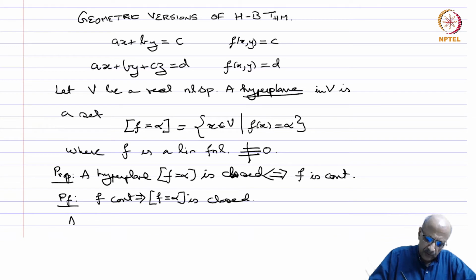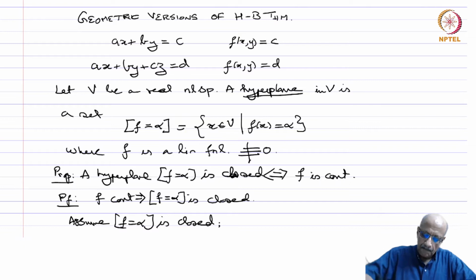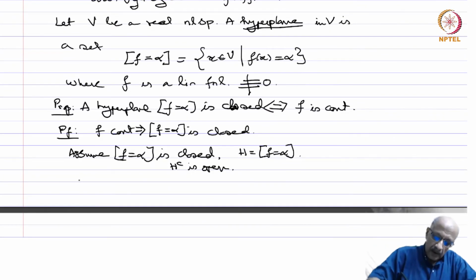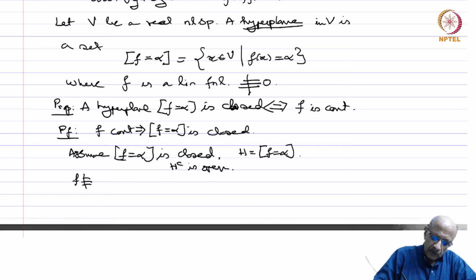So assume [f = alpha] is closed. Let us call this set H, so H equals the hyperplane [f = alpha]. This means that H complement is open, and since f is not identically 0, H complement is non-empty.